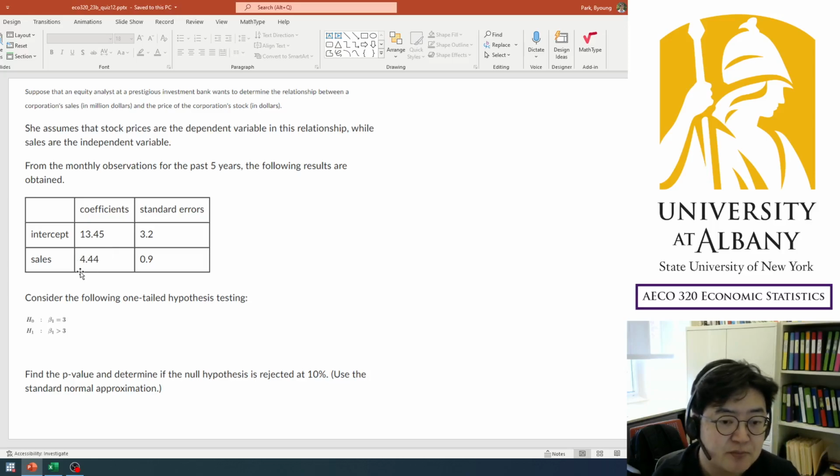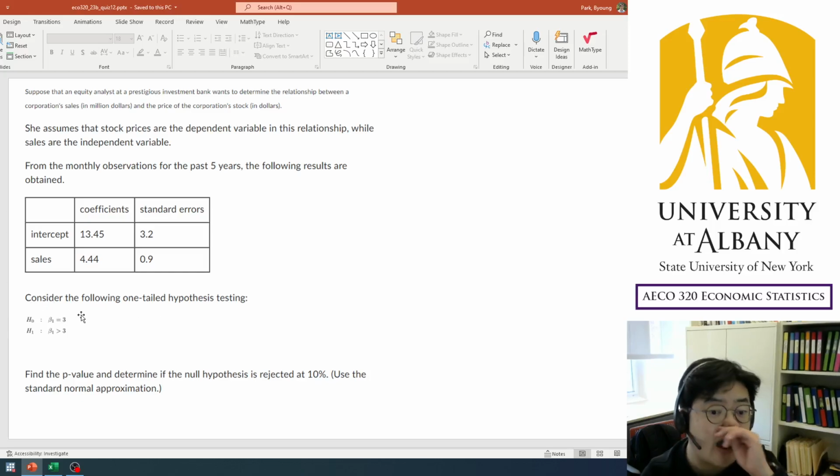That's the meaning of this. And this intercept coefficient means when sales is 0, the stock price will be $13.45. Of course, that means nothing.